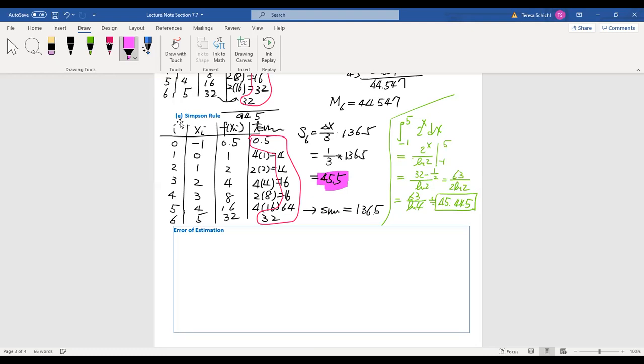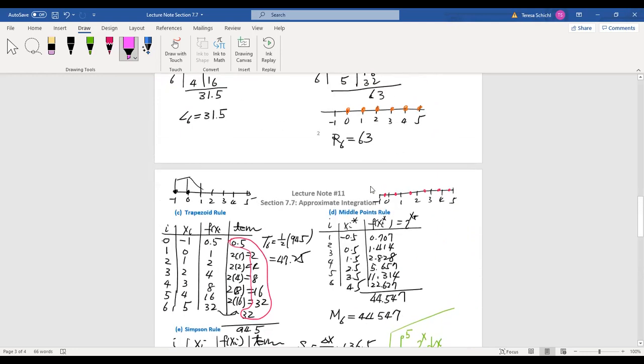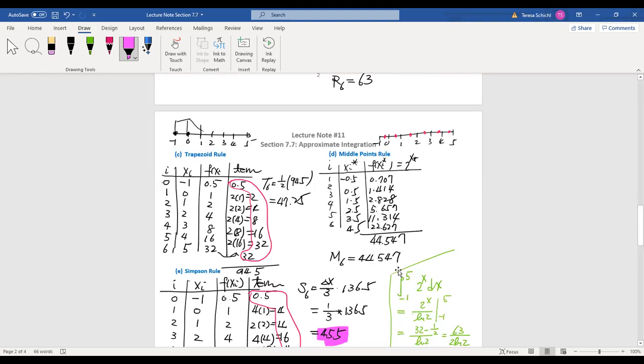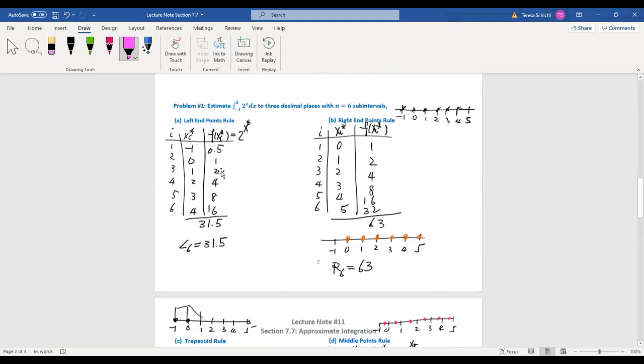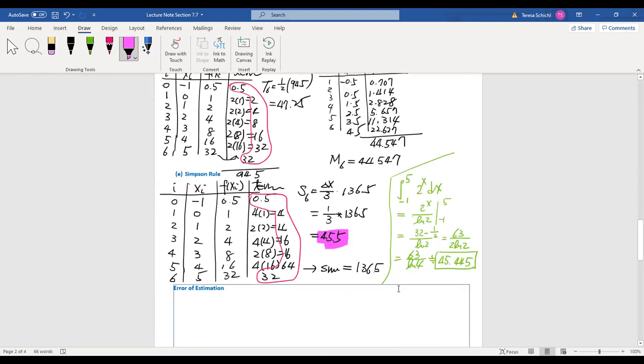It's 45 here. Then trapezoid is kind of close, it's 47. And midpoint is 44. And like you see, the left endpoint and right endpoint are off by a lot.